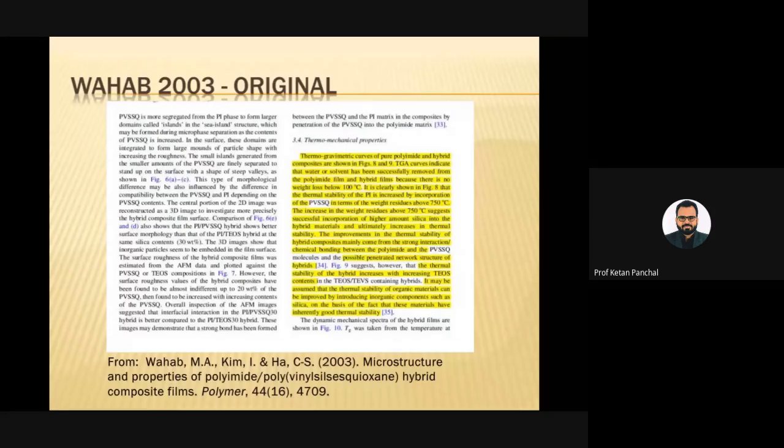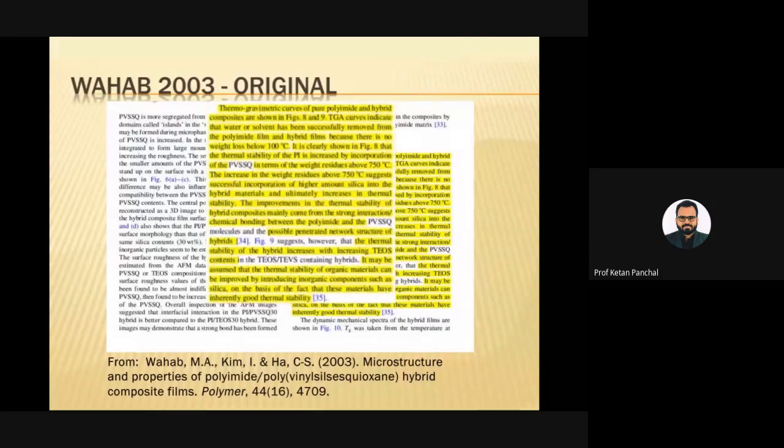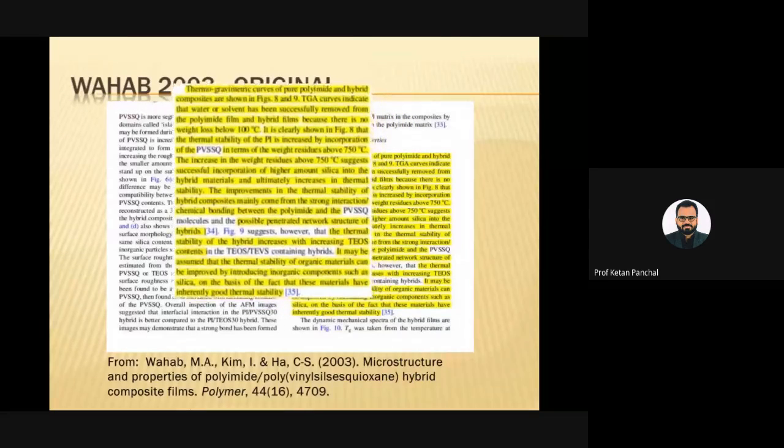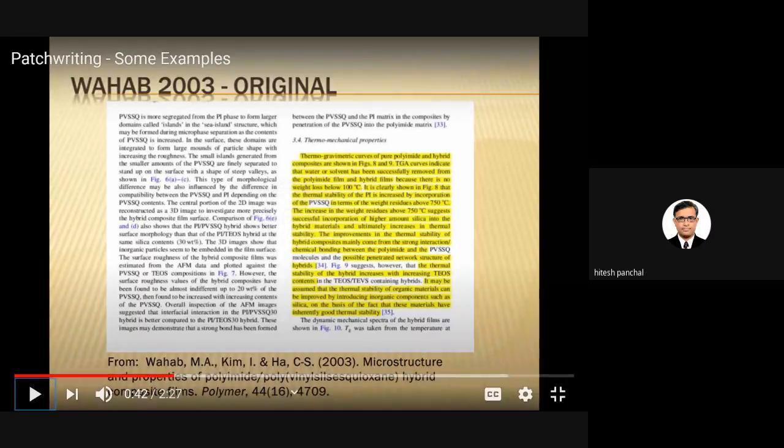The highlighted section consists of 165 words that have been copied in bits and pieces by several other authors in subsequent years.